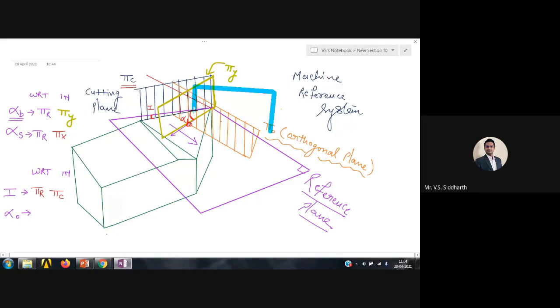Take it as, this is the pi x plane. And here the reference plane.